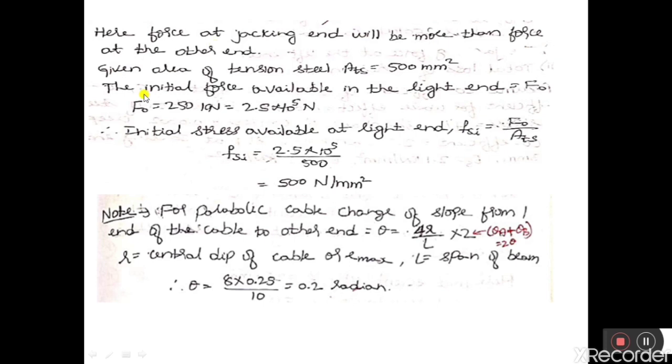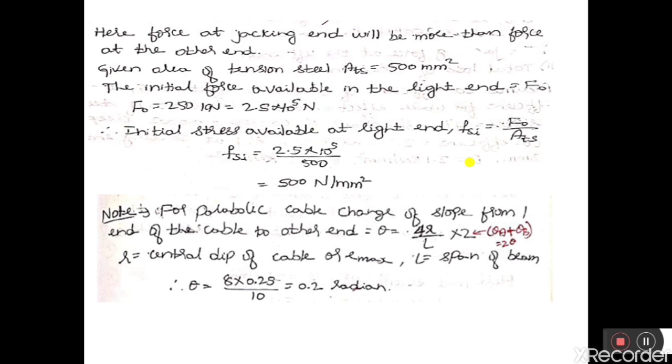So in the question, they have given the cross-section area of the tension steel. The cross-section area of tension steel, ATS, is 500 mm square. So we know the cross-section area of the tension steel, and we know the initial pre-stressing force at right end. Therefore, I can calculate the initial pre-stress at right end. We know stress is equal to force by area. So we know the cross-section area of the cable and the initial pre-stressing force at right end.